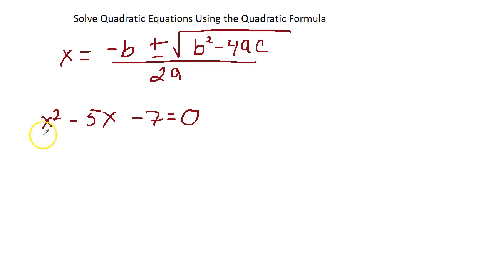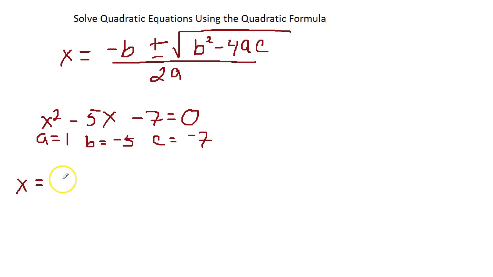So, first thing I do is identify A, B, and C. Well, A equals 1 because we have 1x squared. B is negative 5. And C is negative 7. And I'm going to plug these into my quadratic formula.